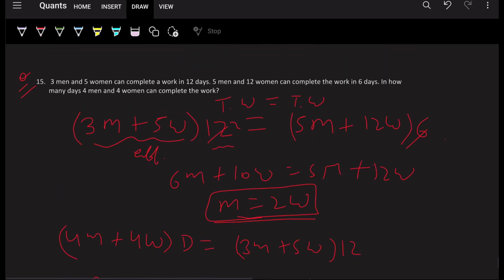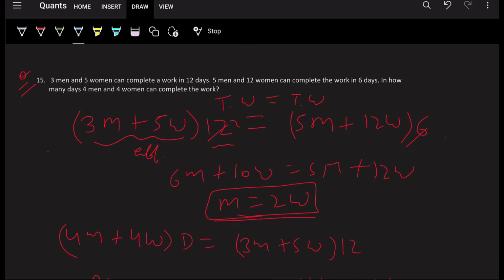Again, I have equated the total work on both sides. How? I have calculated the total work from here and equated these. Why? Because 3 men and 5 women have completed the same task which is done by 5 men and 12 women also. So from this calculation we got m is equal to 2w.